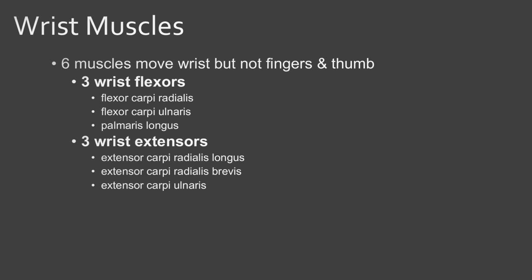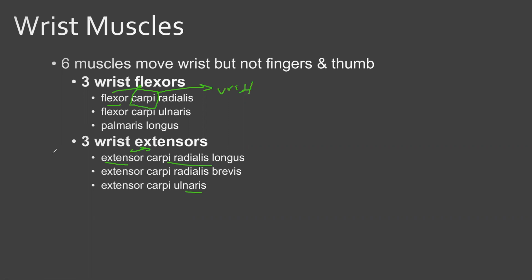Keywords you're going to have to remember, we'll describe everything here. Carpi refers to your wrist. Radialis and ulnaris refer to radius and ulna. Extensor, flexor, kind of self-explanatory.